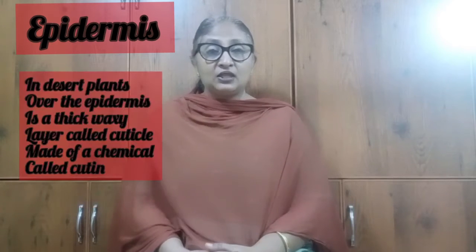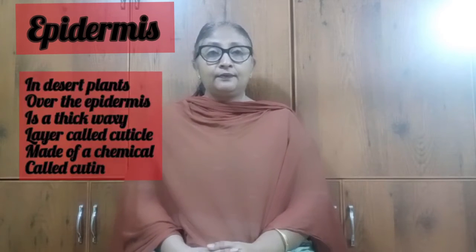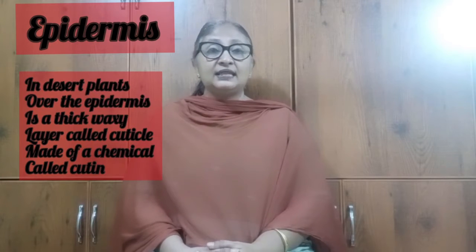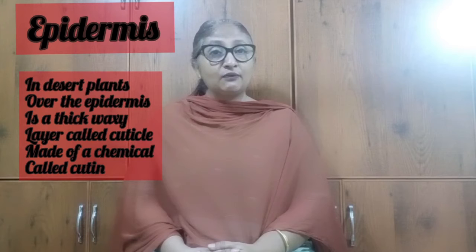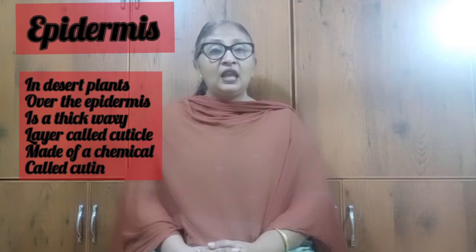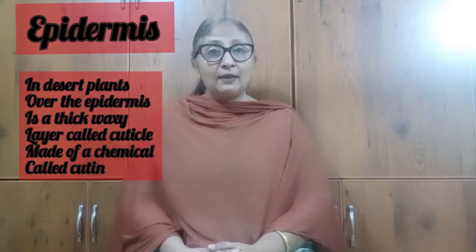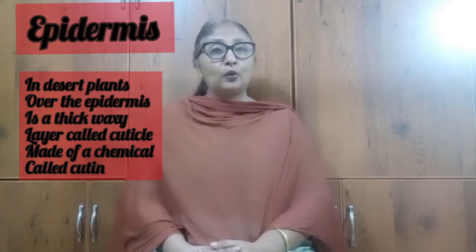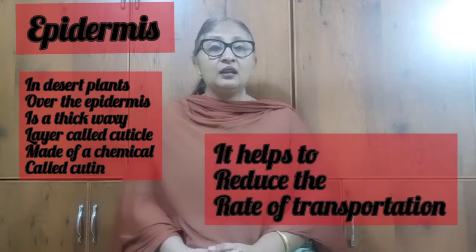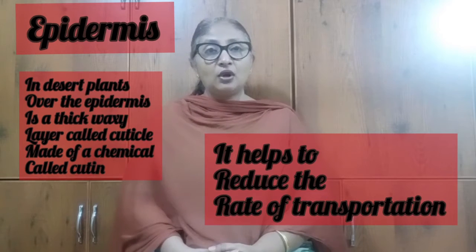In desert plants or xerophytic plants, we can especially see the waxy outer coating which is very prominent. It is due to the deposition of a chemical known as cutin, and this layer is known as cuticle, and its function is to reduce the rate of transpiration.